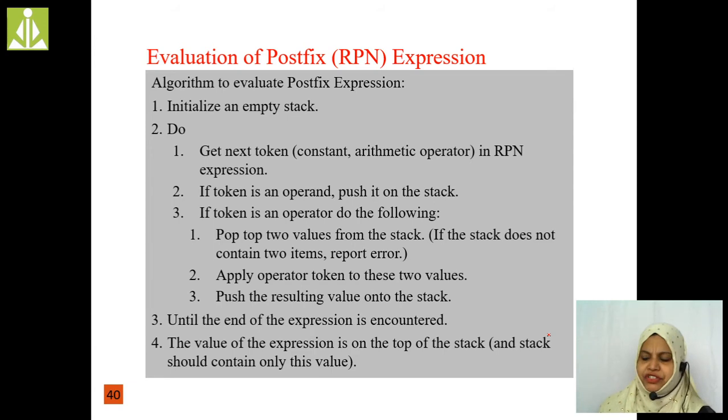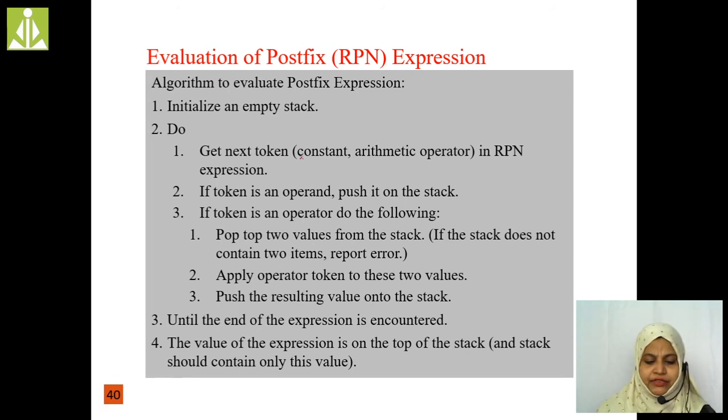Now, evaluation of postfix expression. How you are going to evaluate the postfix expression? Before going to this one, I'll give the algorithm. In this case, first we have to initialize the empty stack.